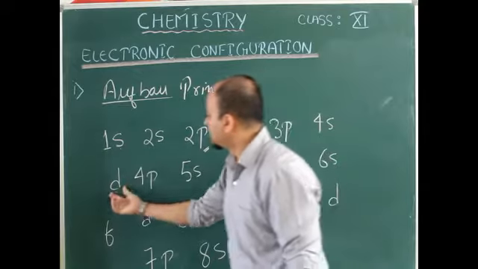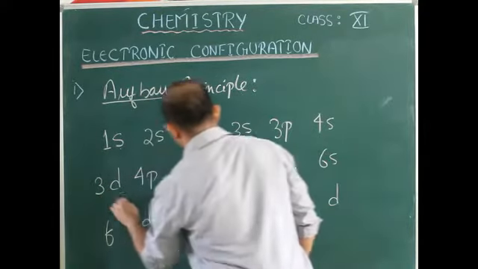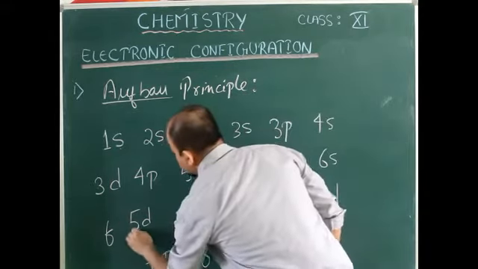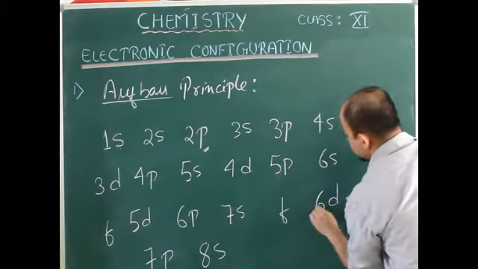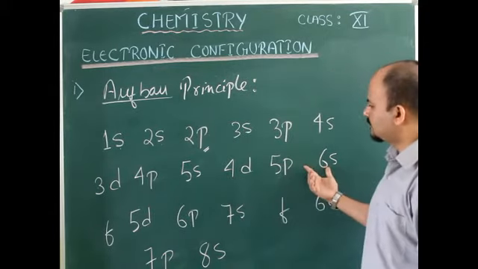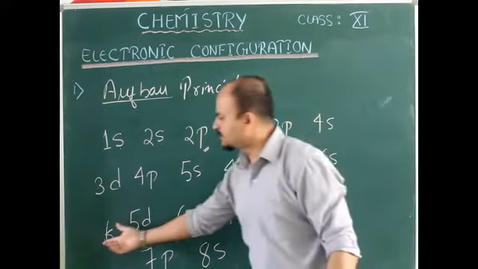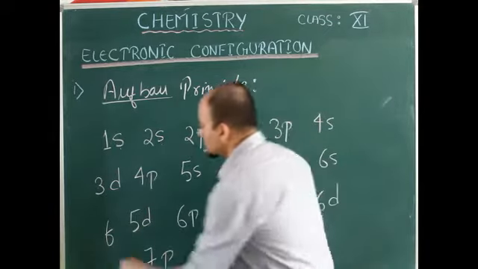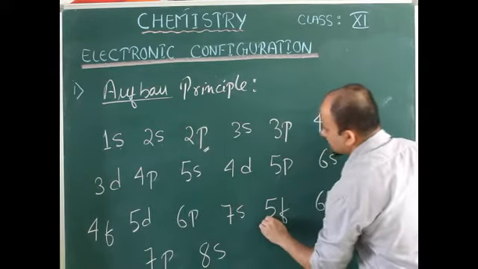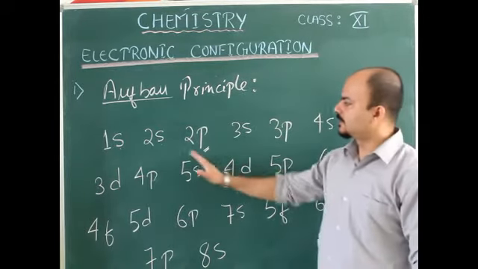So 3d, 4d, 5d, 6d. Now whenever we go to the next, after d what comes? f. You have to begin from 4. So 4f, 5f. Now this is the sequence.